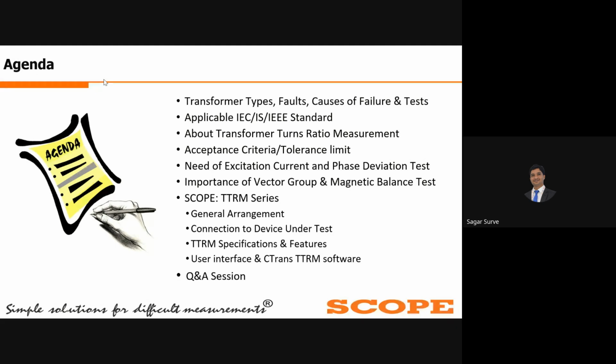Then we will discuss excitation current and phase angle deviation, and then vector group and the magnetic balance test. In the end, we will have a glance at the Scope TTRM series, the transformer turns ratio measurement instrument supplied by Scope. And at the end, we will have a question and answer session.